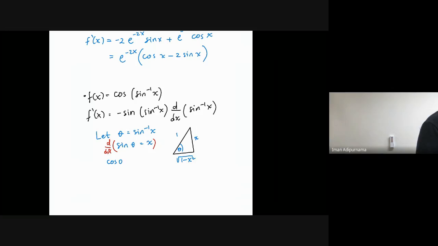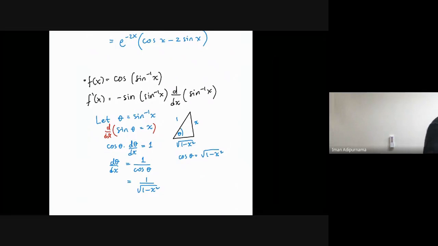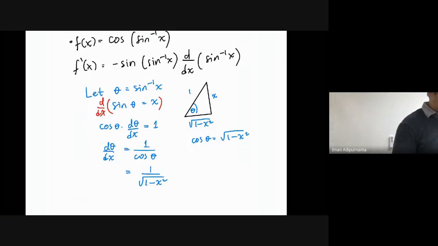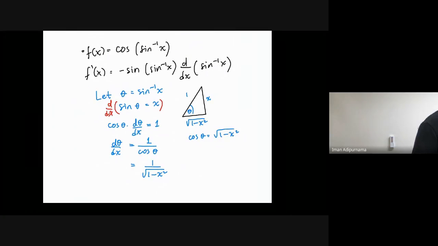So it will be cos theta d theta dx 1. And see from here, cos theta is, so this should be 1 over.